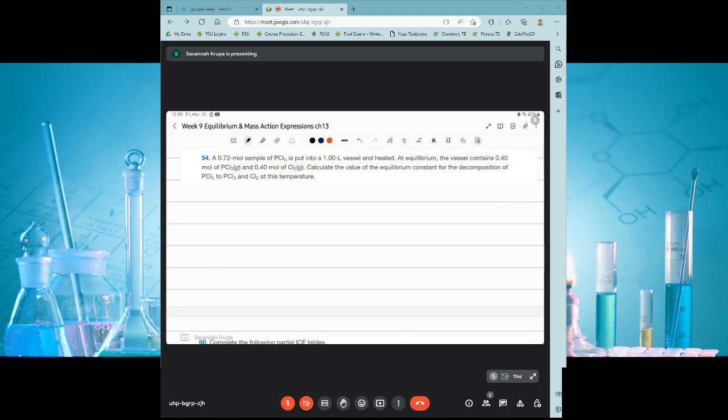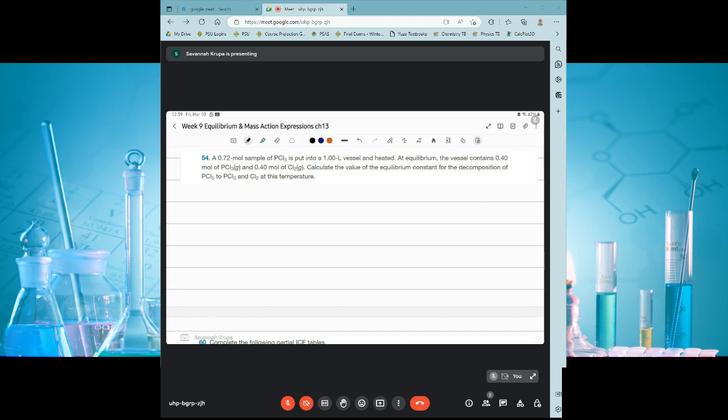Calculate the value of the equilibrium constant for the decomposition of PCl5 to PCl3 and Cl2 at this temperature. So for this problem, we first need to write down this reaction because we need to figure out if we need to find any coefficients, because that will change our equation, because we might need to put an exponent on a certain value that we're trying to find.